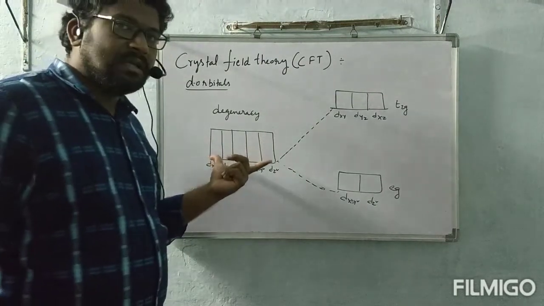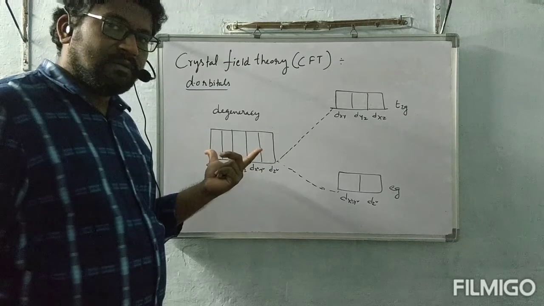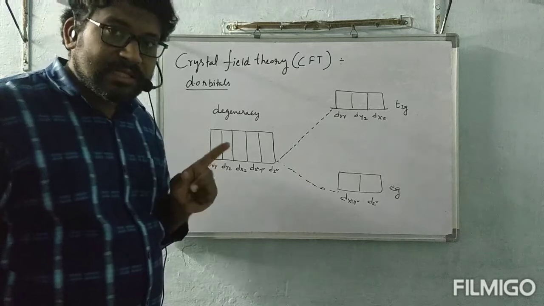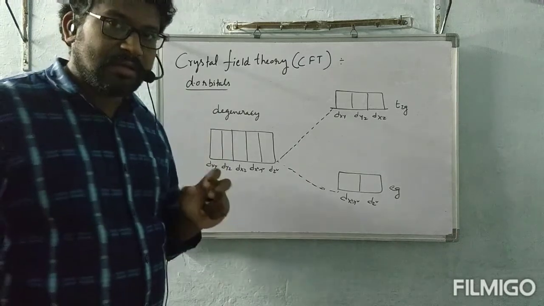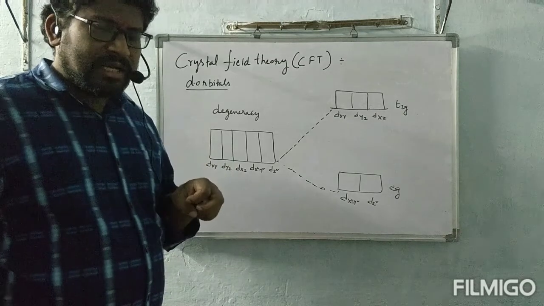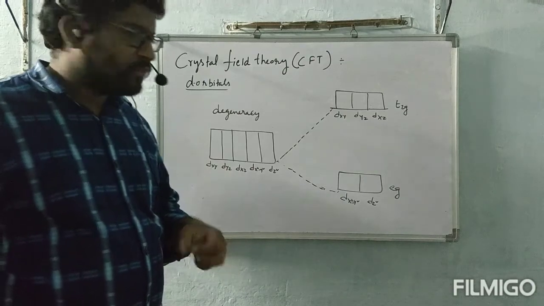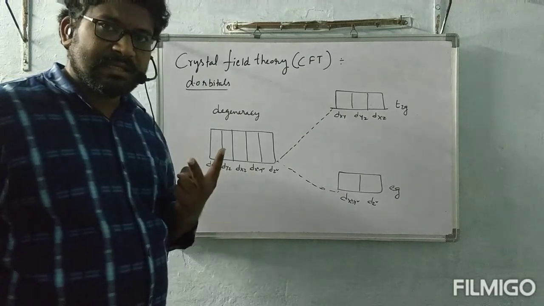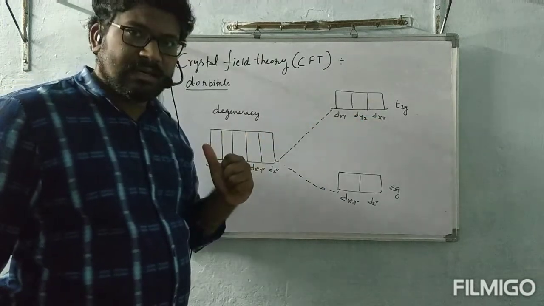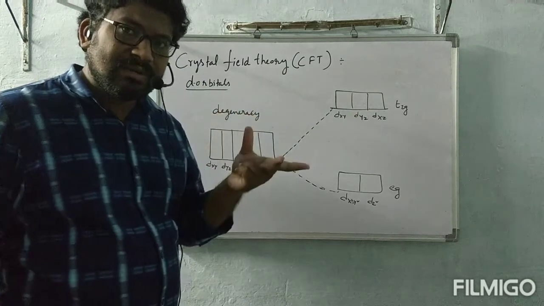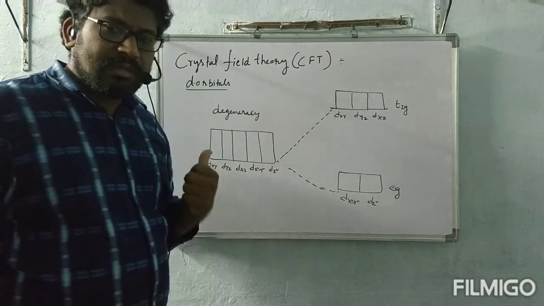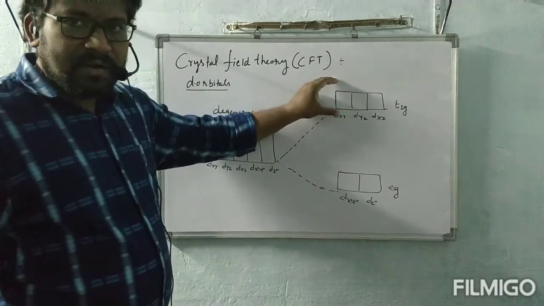These 5 d orbitals will have degeneracy up to the point ligands approach. At once these ligands approach the central metal atom or ion, these 5 d orbitals are split into two sets. dxy, dyz, dxz are identical, so they are made into one set. Higher energy or lower energy, that I will say according to the complex. For your understanding, I have simply written splitting of orbitals into different energies. This set has one energy.